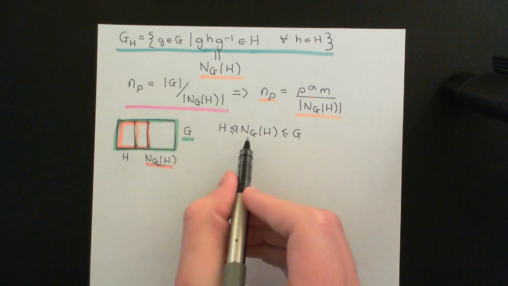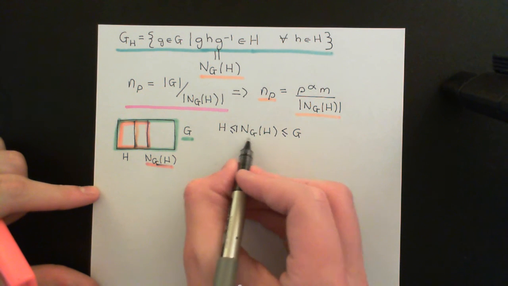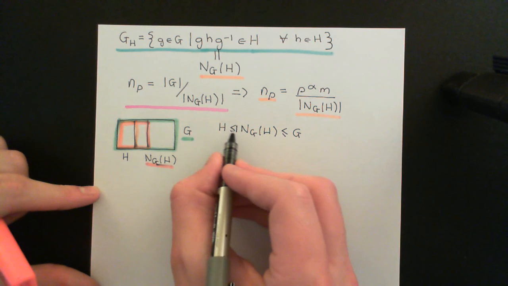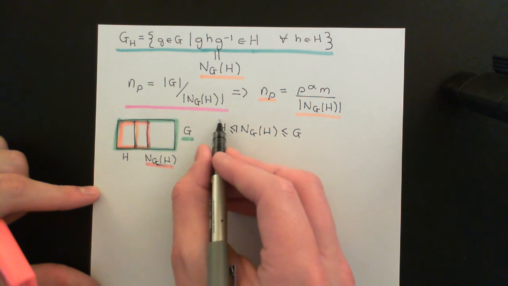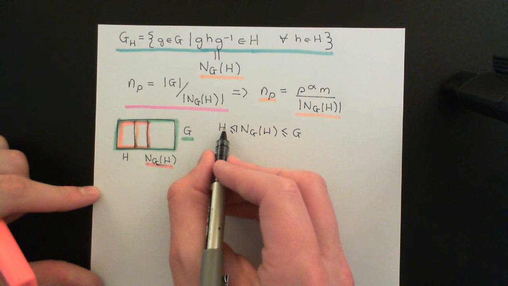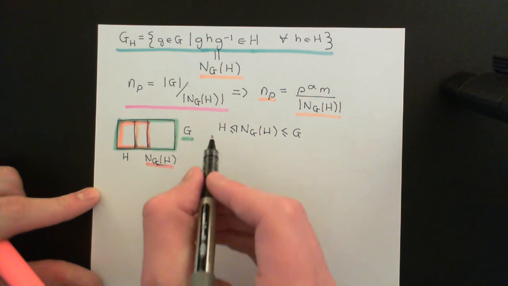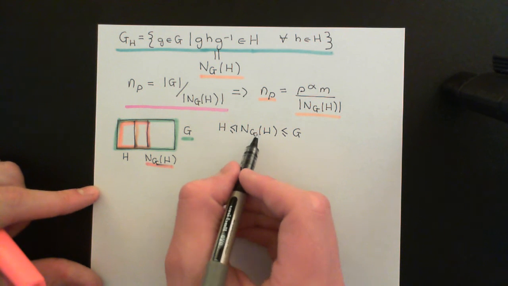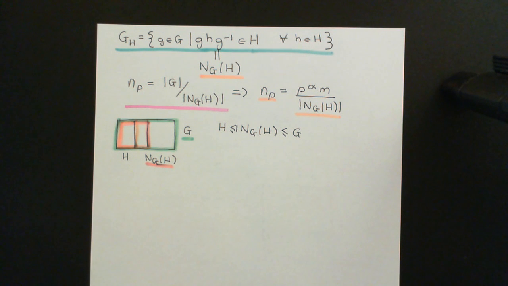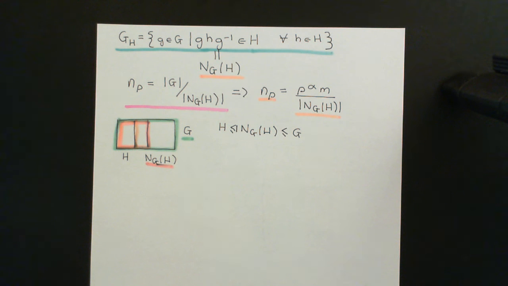It will be a normal subgroup because if you take any element from this larger group, the normalizer of H in G, and use it to conjugate any element of our subgroup capital H here, you will always get another element in capital H because of the very definition of the normalizer of H in G. Which means that H will be normal in its normalizer, and that's why it's called the normalizer of H in G. But as I say, we don't actually need that at the moment. All we need is that capital H will be a subgroup of the normalizer of H in G.